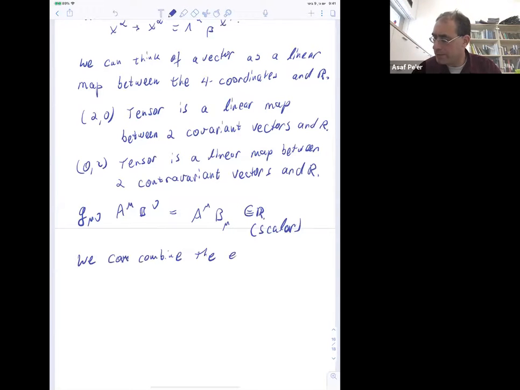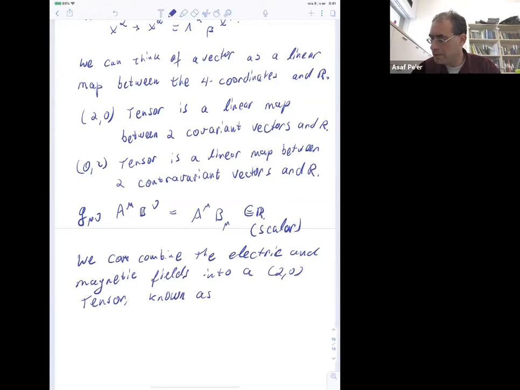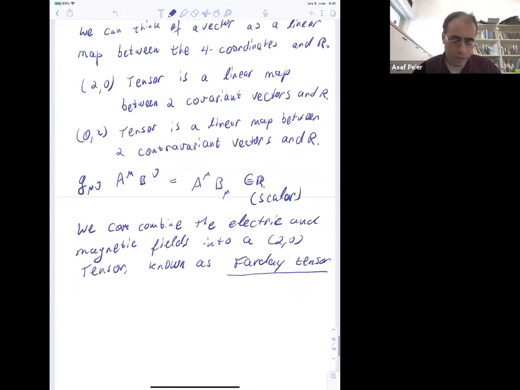So we can combine the electric and magnetic fields into a 2-0 tensor known as the Faraday tensor, or electromagnetic tensor.